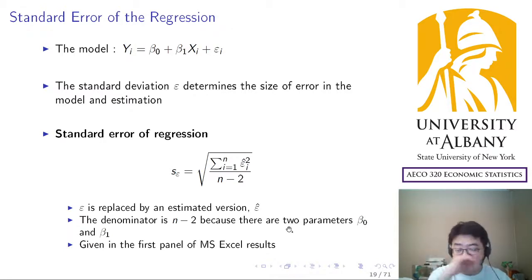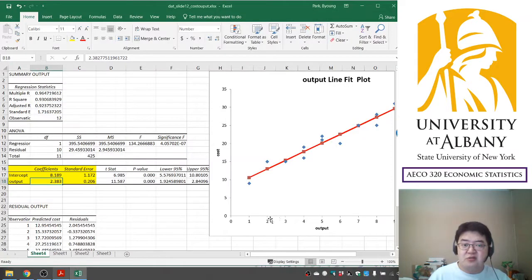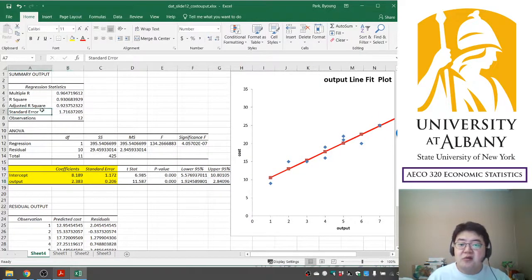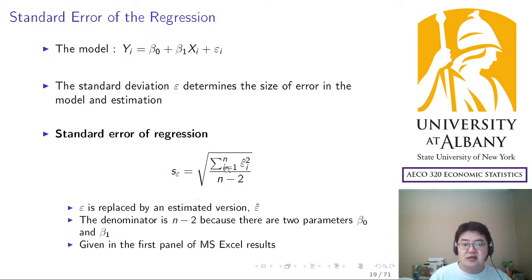Anyhow, if it's not familiar, then never mind. This is what I just explained. So 1.716 is the standard error of epsilon, the distance between your observation and the trend line, right? That is how we calculate this.